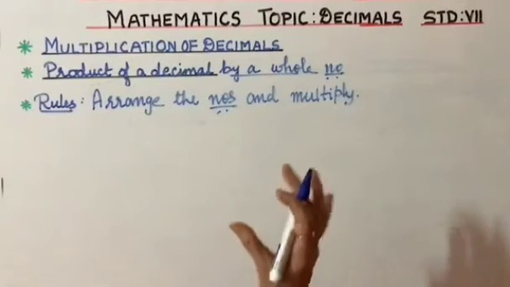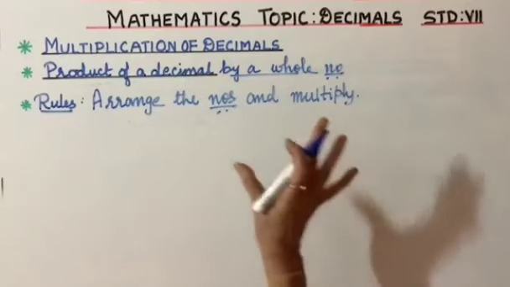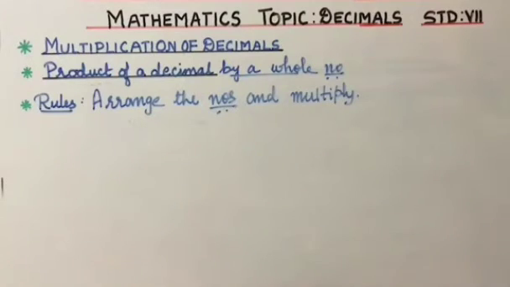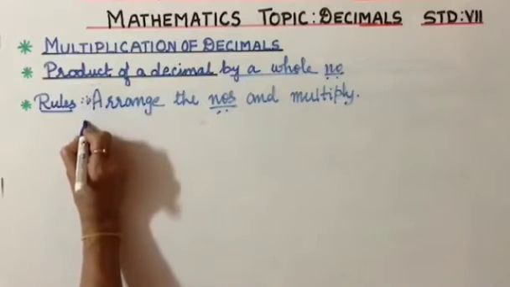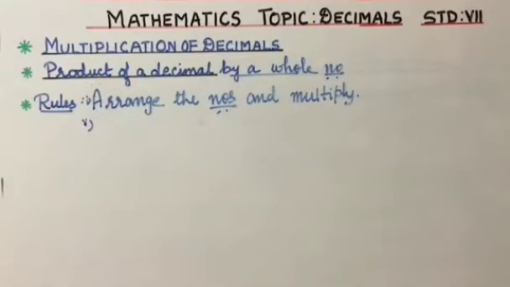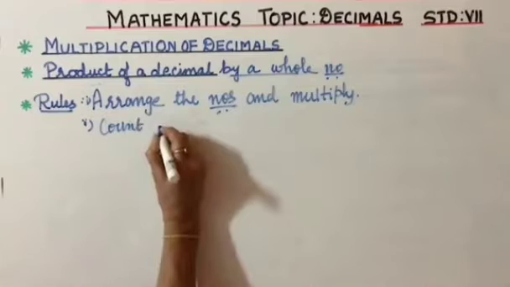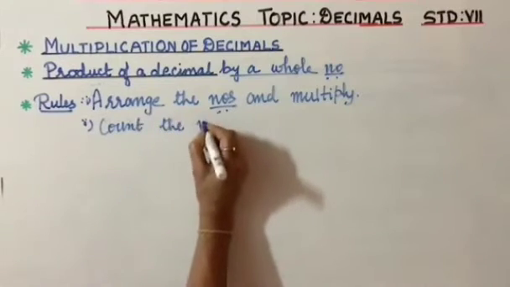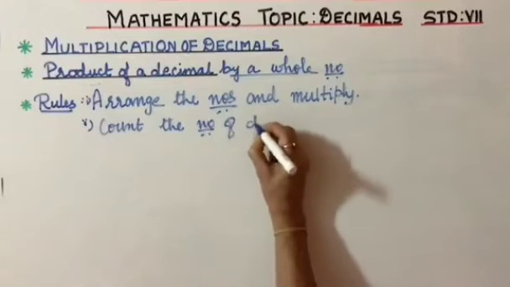You consider it as a whole number and your decimal will be there, but you ignore it and multiply as if you are doing regular multiplication. In your second step, what you will do is count the number of decimal places.